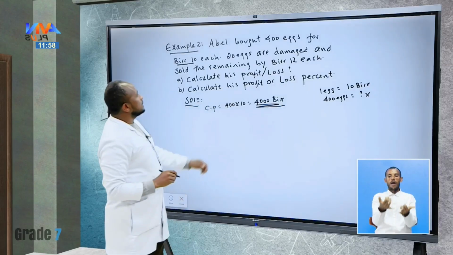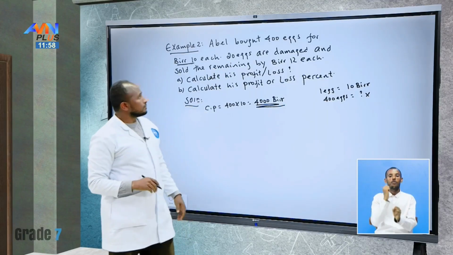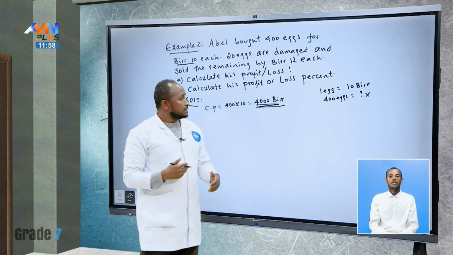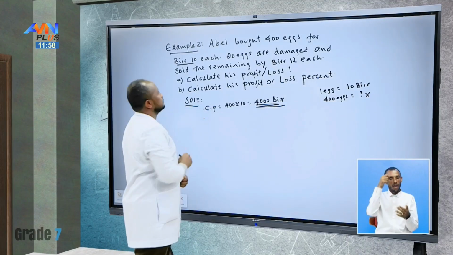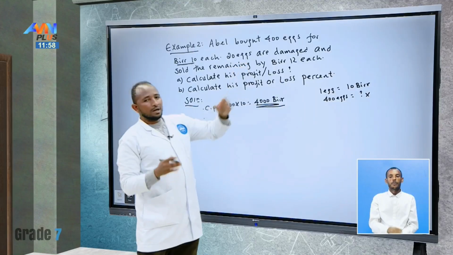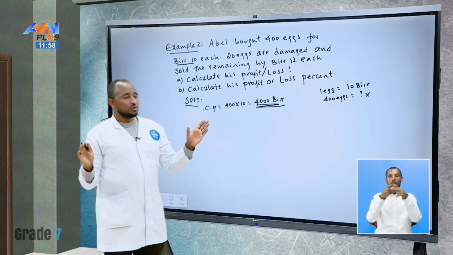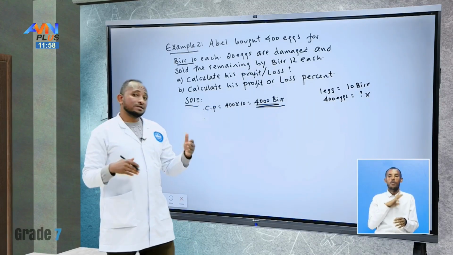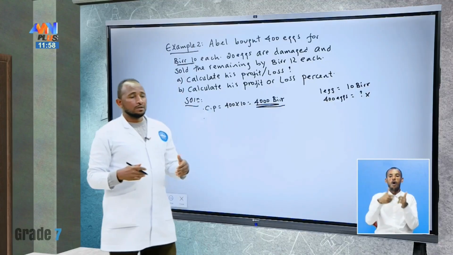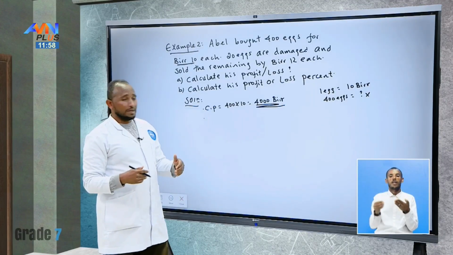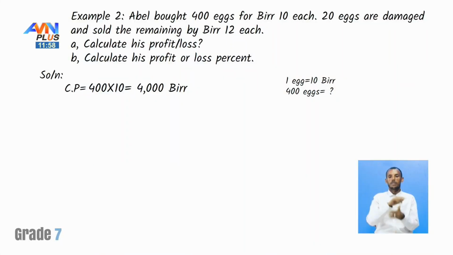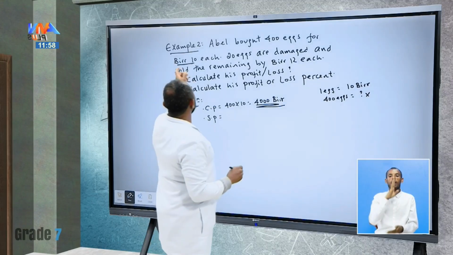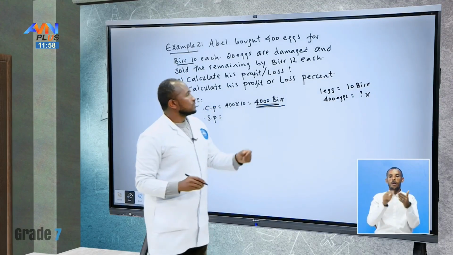Now, let's try to find the selling price. 20 eggs are damaged, so he sold the remaining. How many eggs has he sold? He sold 400 minus 20 eggs, which is 380 eggs. What is the selling price of one egg?